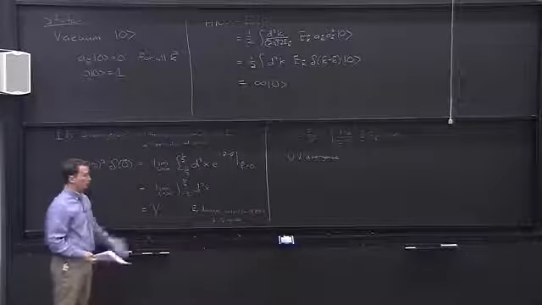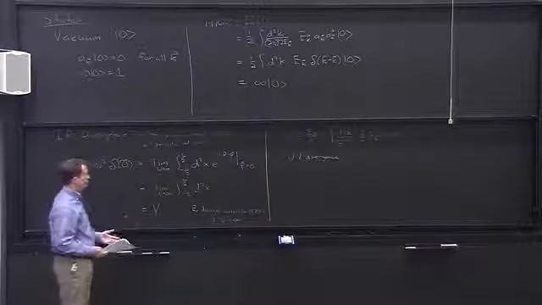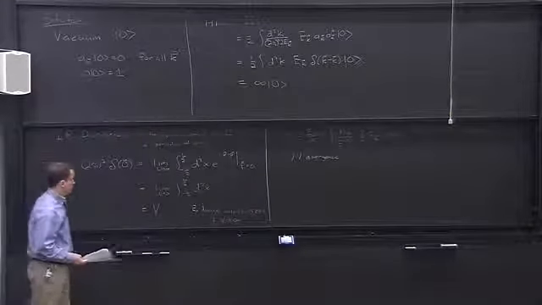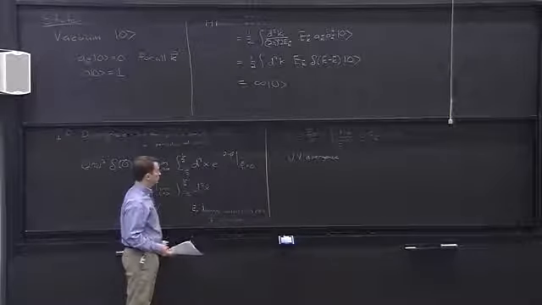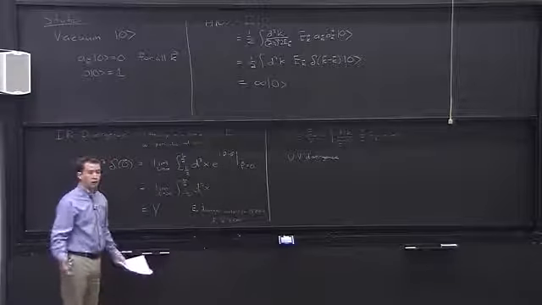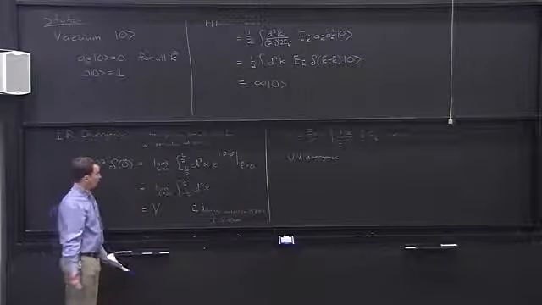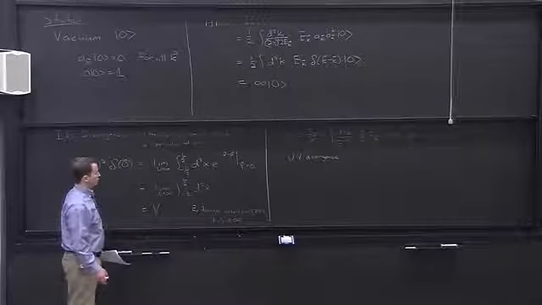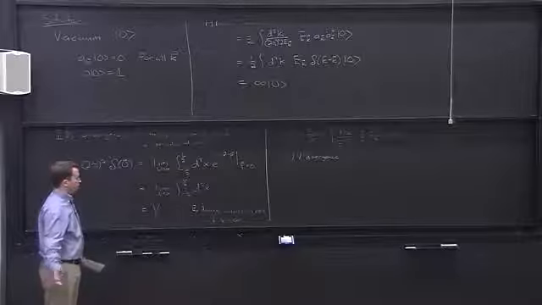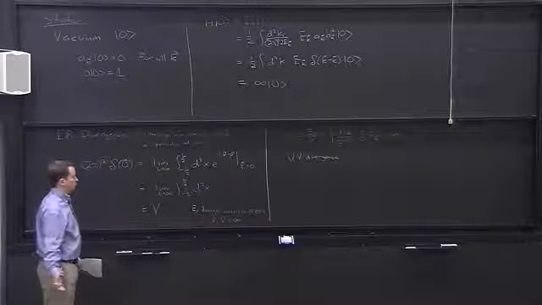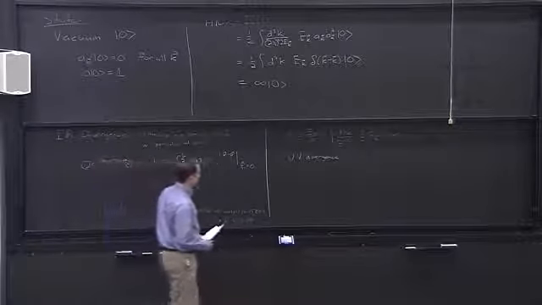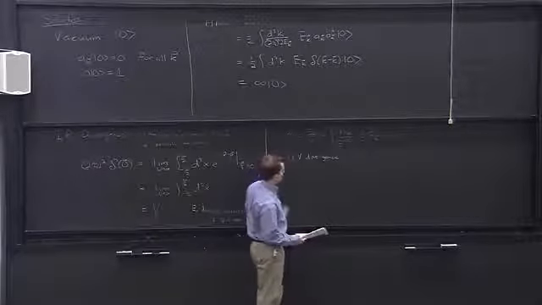Any realistic theory, the free Klein-Gordon theory is not a realistic theory, but any realistic theory that we want to use to explain some physics is usually going to have some range of validity. We don't know what the arbitrarily high energy physics is. So if we get a problem by extrapolating our theory up to arbitrarily high energies, maybe that's because we shouldn't have extrapolated our theory up to arbitrarily high energies. So that's one way we can get around this problem.